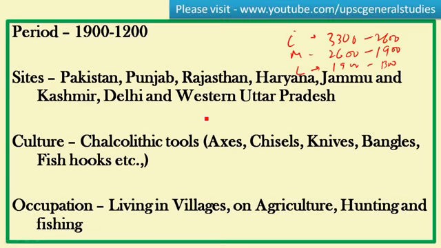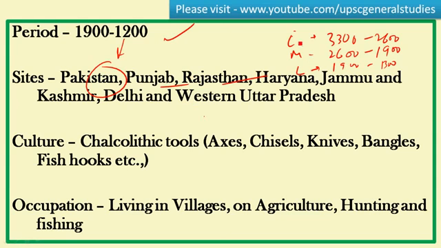So the period here is 1900 to 1200 BC. The sites here include some parts of Pakistan, Punjab, Rajasthan, Haryana, Jammu and Kashmir, Delhi, and Western Uttar Pradesh. The culture of the late Harappan or post-urban Harappan civilization is chalcolithic tools, that is, copper and stone tools.